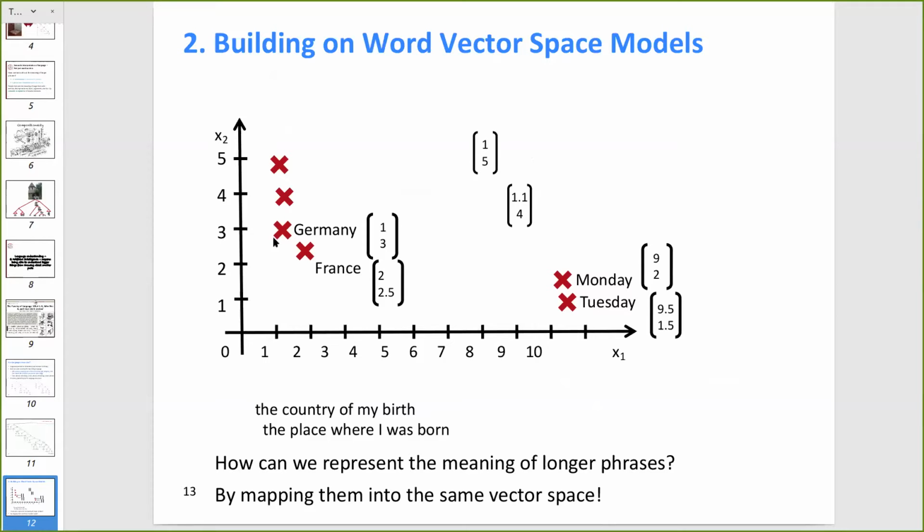Now let's say you want a vector representation for a word like Germany. You have a representation for Germany, for France, for Monday, and for Tuesday. As we can see here, these are countries, and they are at one end of our vector space, and then we have weekdays, which are at some other corner.